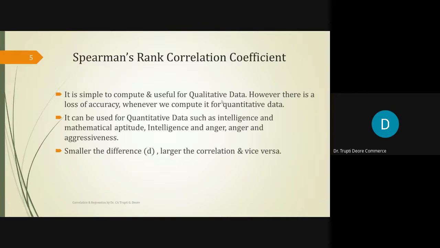If the difference is smaller, the correlation value is larger, and if the difference is larger, then the correlation will be smaller. It may be negative also, less than 0. Spearman's rank correlation coefficient lies between -1 and 1. Same, it has a base of Karl Pearson's correlation coefficient. That's why it also lies between -1 and 1 only.